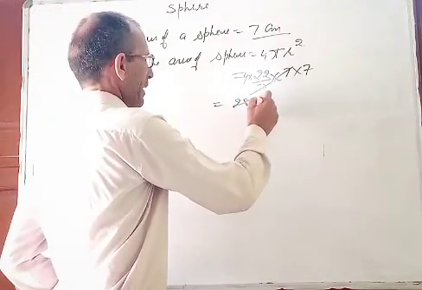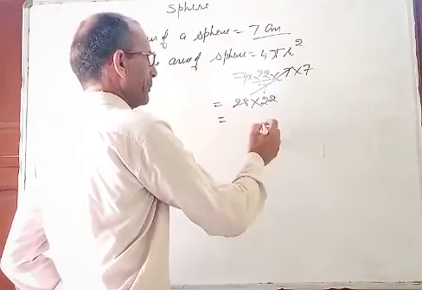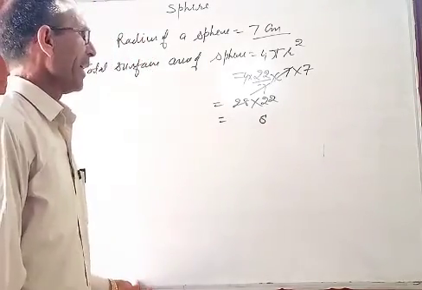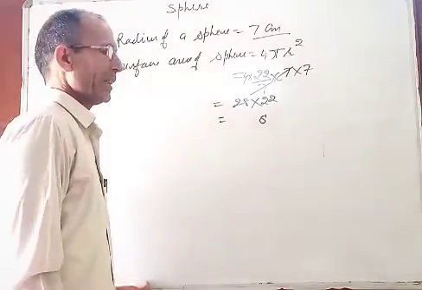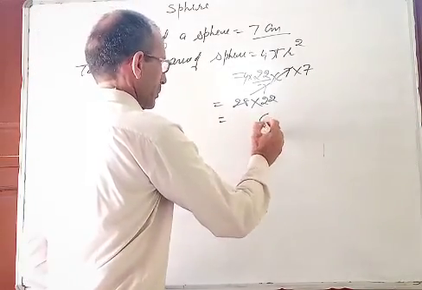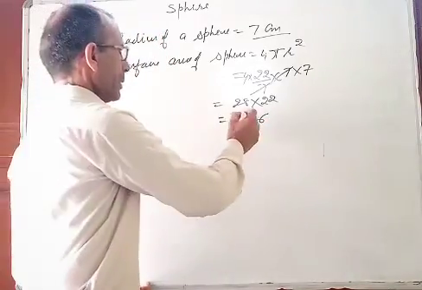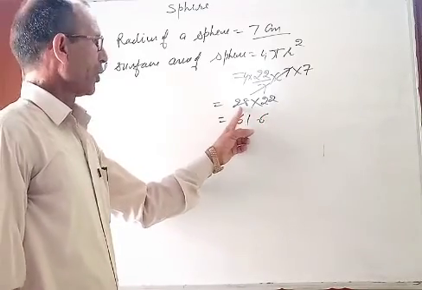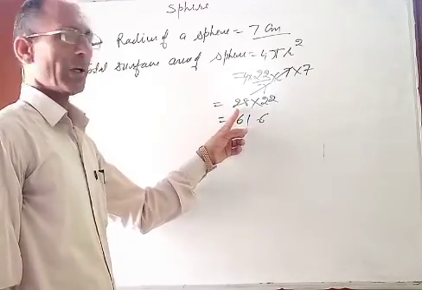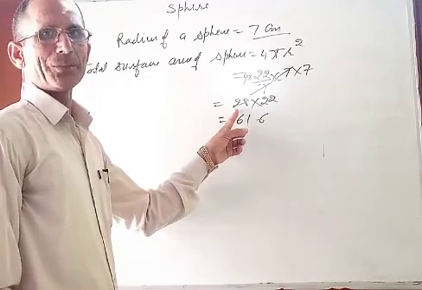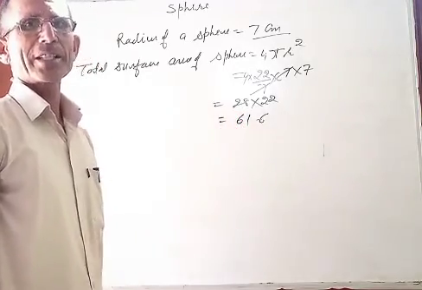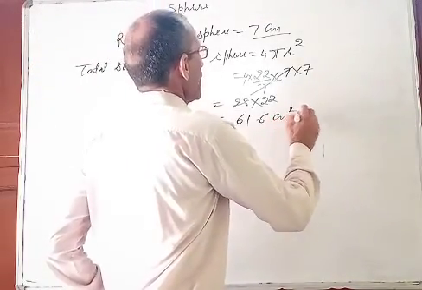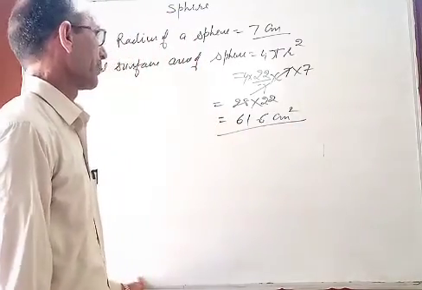So 28 multiplied by 22. 28 eights are 224... 28 twos are 56... so the answer is 616. Understood? So this is the total surface area of a sphere.